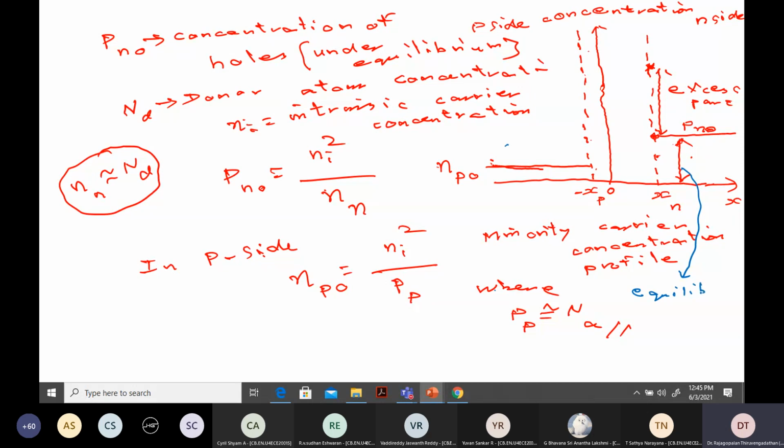You try to understand, equilibrium value is already there because of the doping. But as a result of the injection of the holes into the N region, the hole concentration has increased. Let us say we are at this point, then this height, the difference of the total minus the equilibrium, will be the excess.